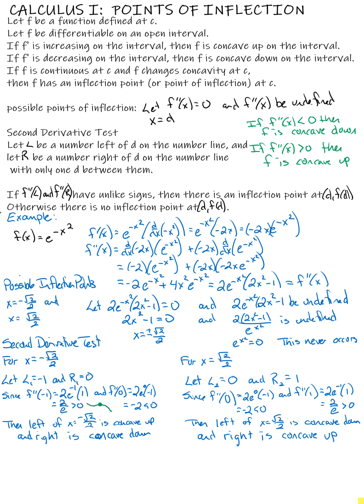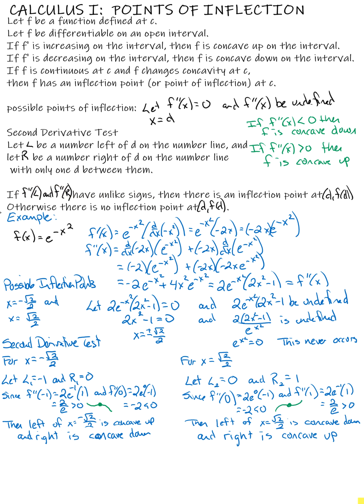Again, the main idea is that to the left and to the right, the second derivative has unlike signs. That means there must be an inflection point in between.